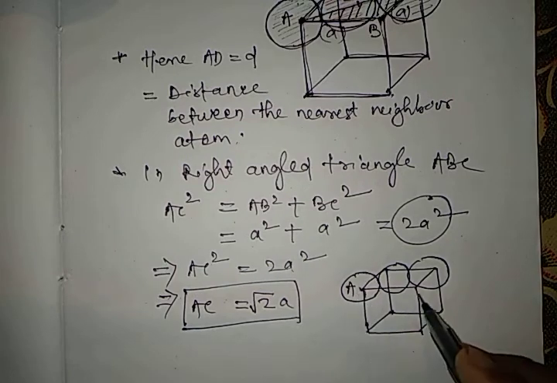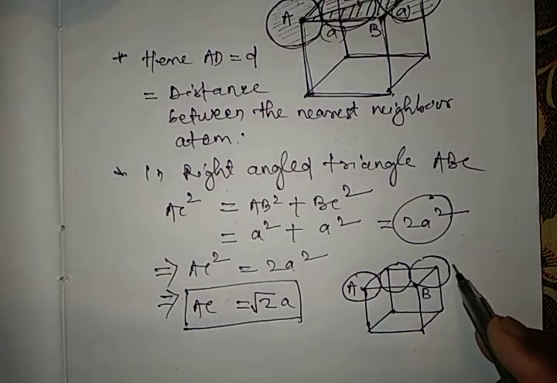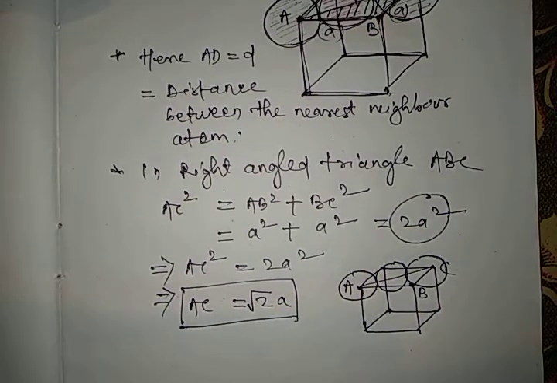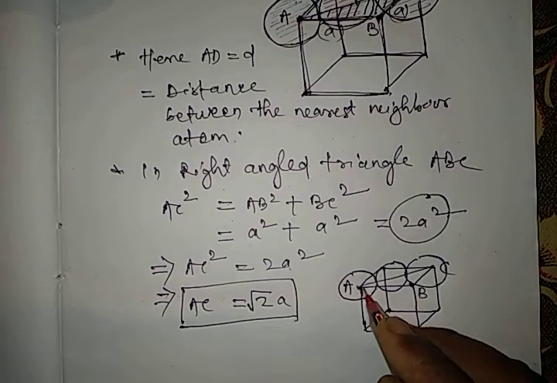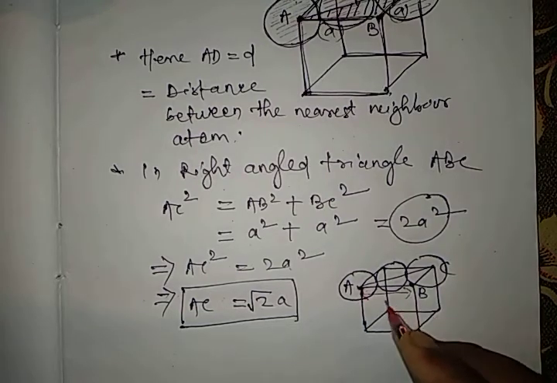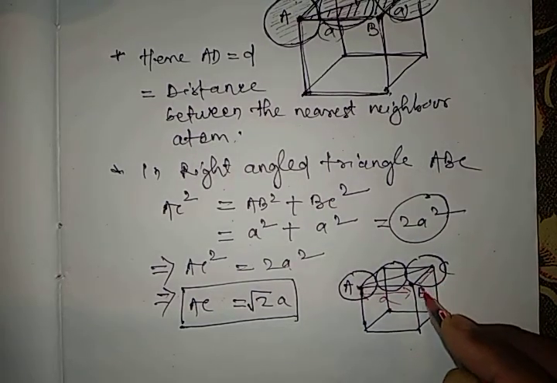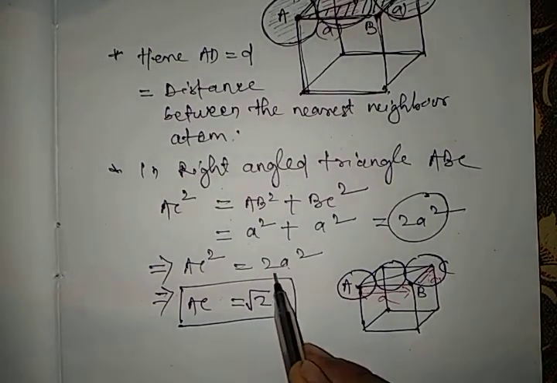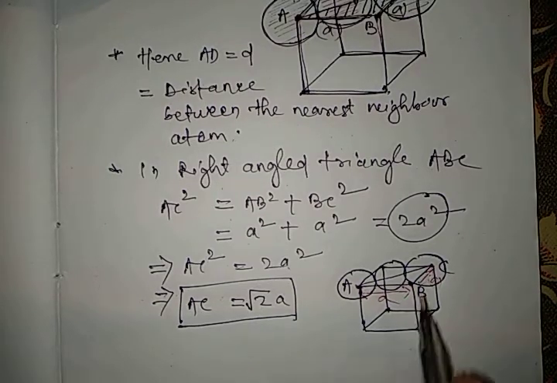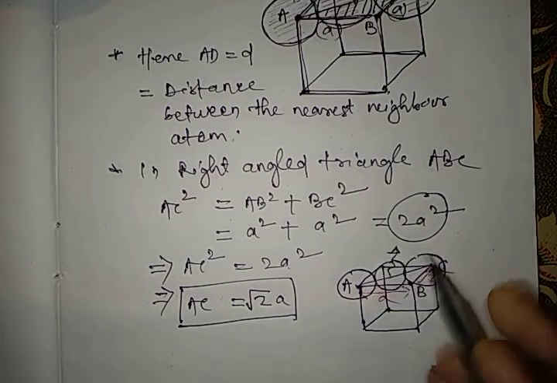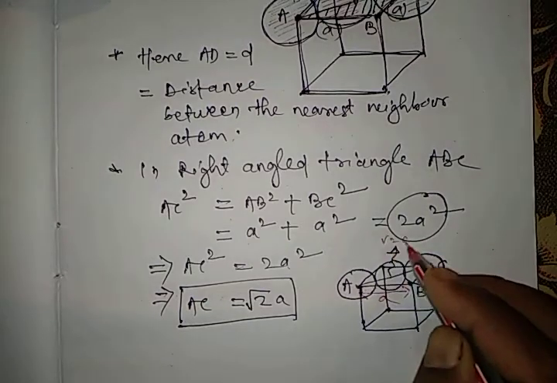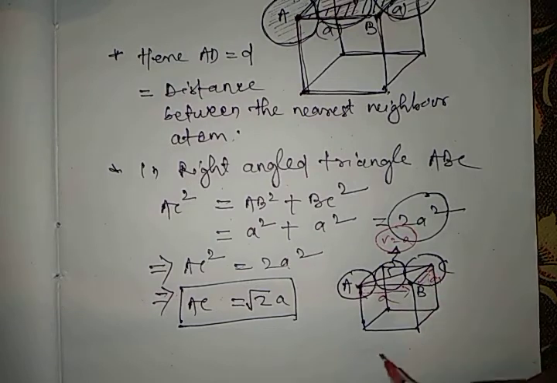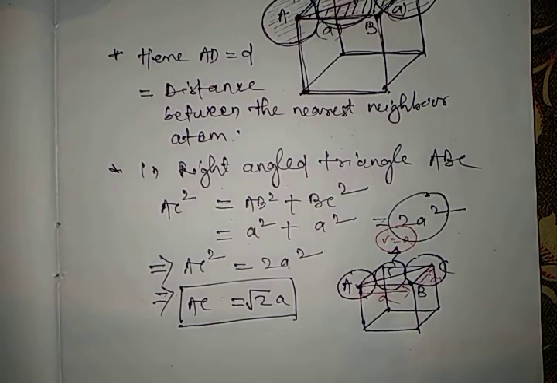This is point A, this is point B, this is your point C. From here to here this is a, this was also a, and we got AC equal to root 2 a. So your AC will be root 2 a.